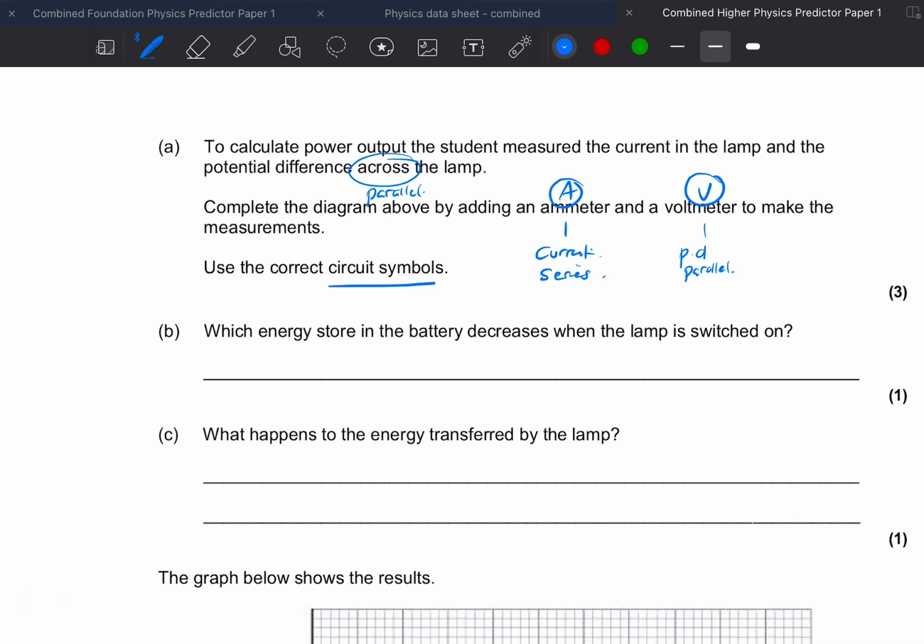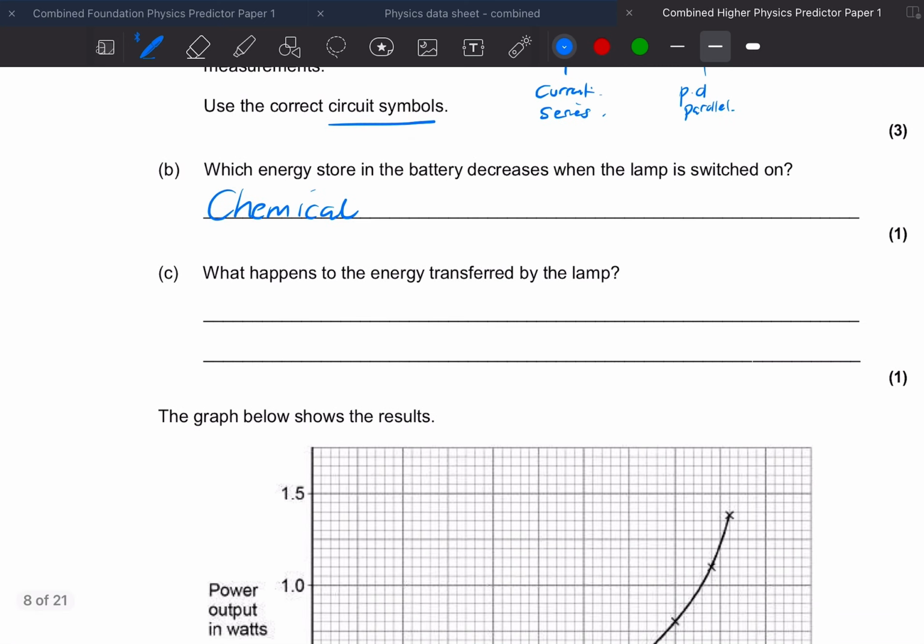Which energy store in the battery decreases when the lamp is switched on? So energy stored in a battery is chemical. The chemical will reduce. What happens to the energy transferred by the lamp? So we're going to have the chemical store in the battery reducing, and then that's going to turn on the light.